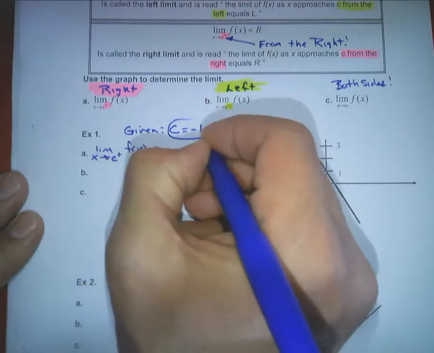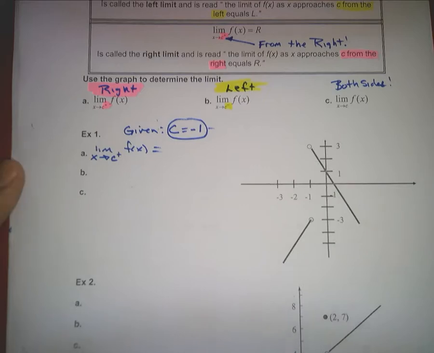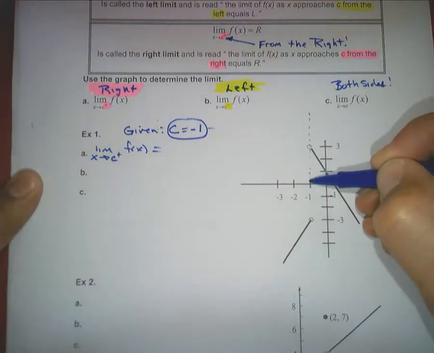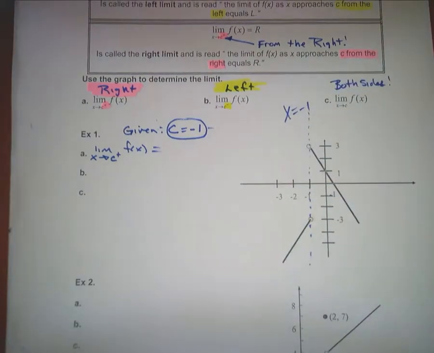Okay, so they give you this guy here. Well, what you can do is you guys can cut this down the middle here at -1. Just draw a vertical line here at x equals -1. And what I just did now is I separated into two sides, the left side and the right side.